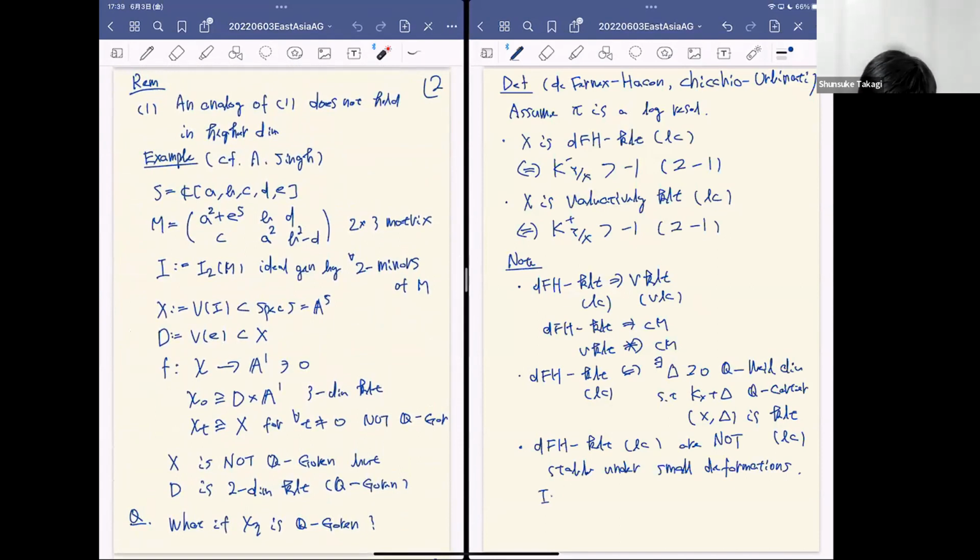In the previous example, the special fiber is three-dimensional KLT, and in particular three-dimensional KLT in the classical sense. So in particular, this is Dufresne-Heycon KLT.